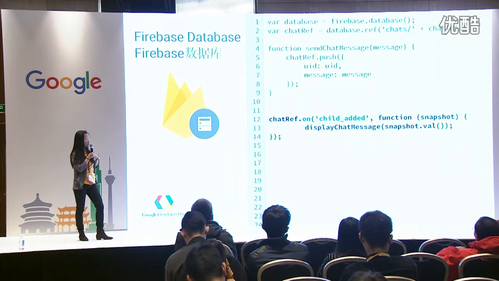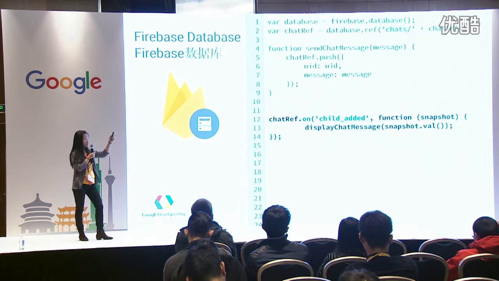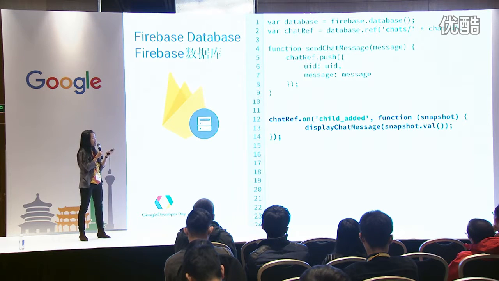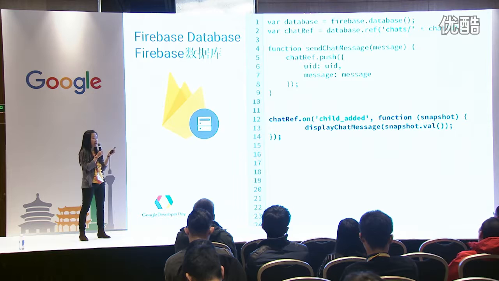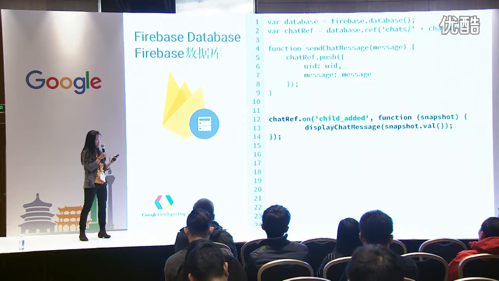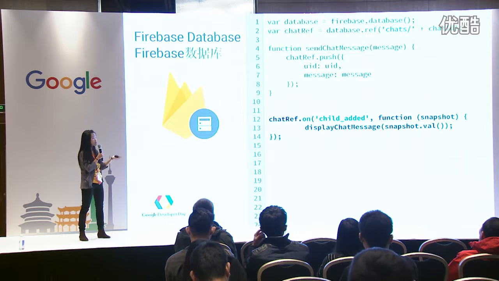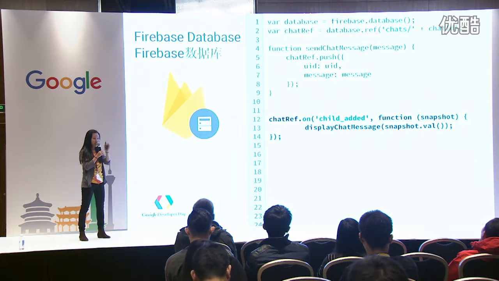So if either me or someone that I'm chatting to has written to the database, this function will fire. And it'll fire with a parameter called snapshot, which contains everything we need to know about that new database write event. In this case, we can call snapshot.val on line 13 to get us the content that was sent to the database. We then have another function called display chat message, which we didn't show here, but this would just be a function for you to actually display it in the HTML.